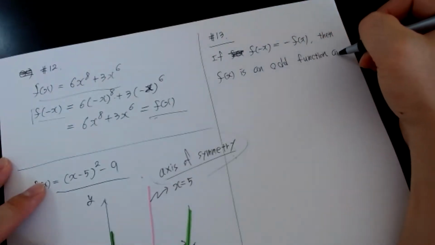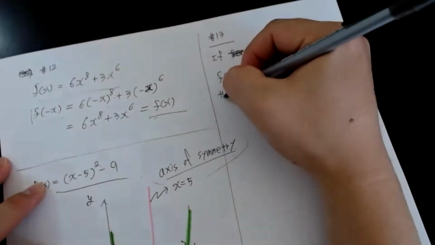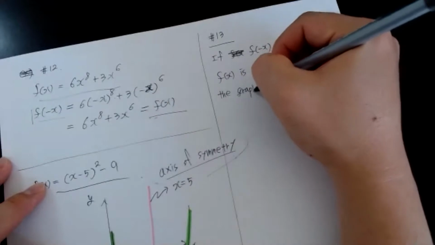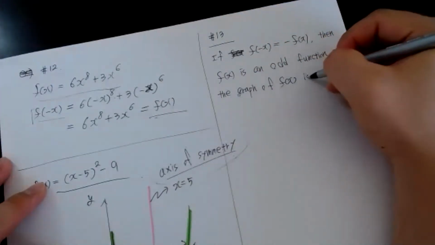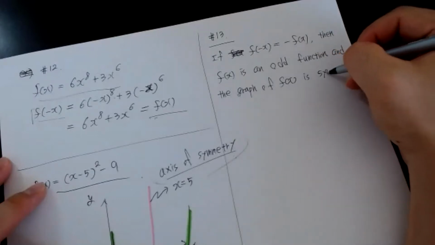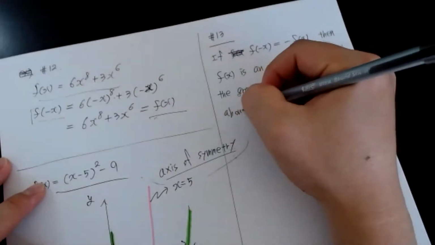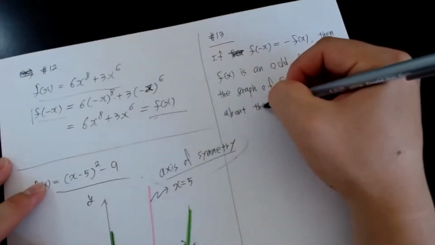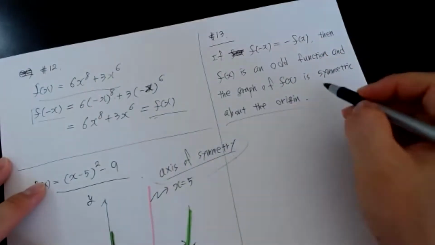The graph of f of x is symmetric about the origin. So what does it mean to be symmetric about the origin?